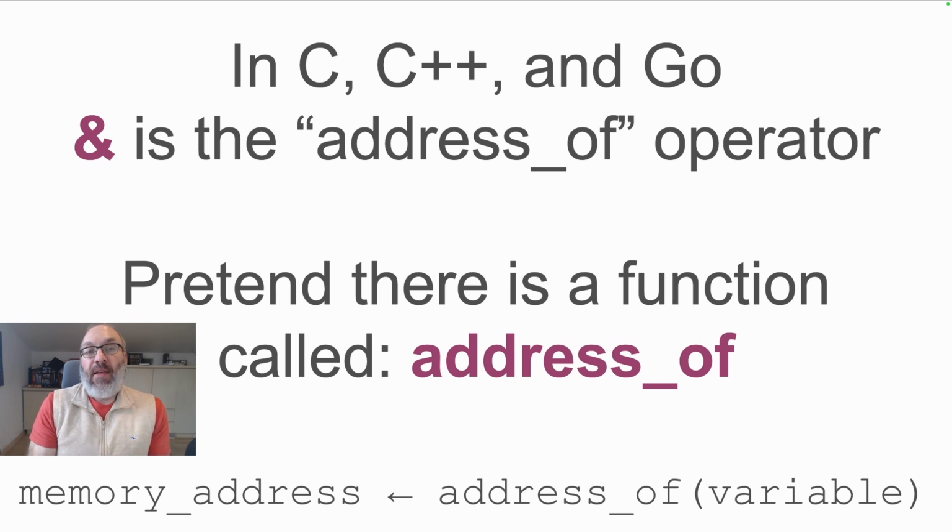So the best way to think of it, and this is true for C and C++ and Go, is that the ampersand is the address-of operator. The way to think of it is that it's its own type of function. If you remember, in the beginning we said that when you have a data type, you can think of it as saying, hey, give me some memory big enough and give me back an address. And then behind the scenes it gets aliased to a variable name or whatever.